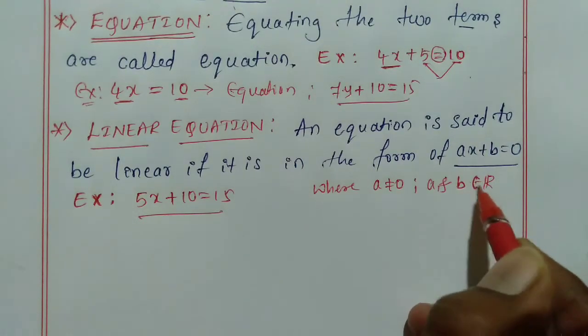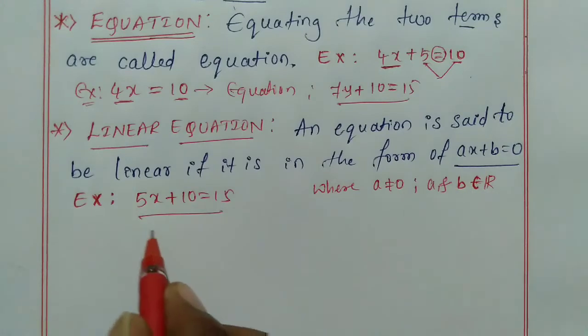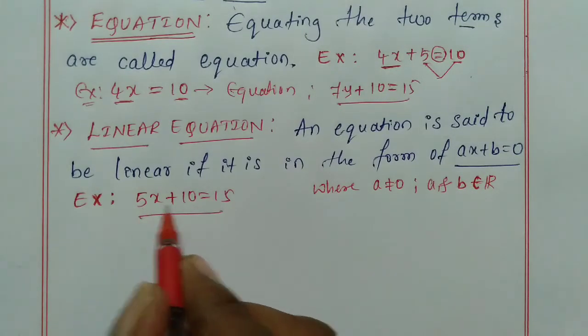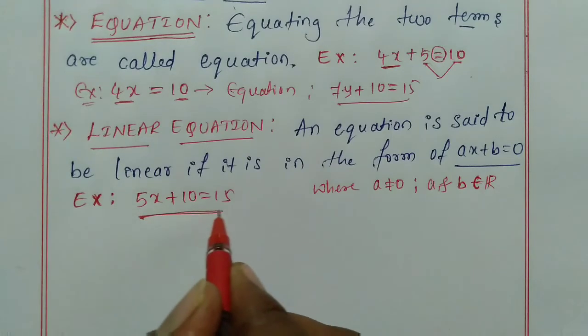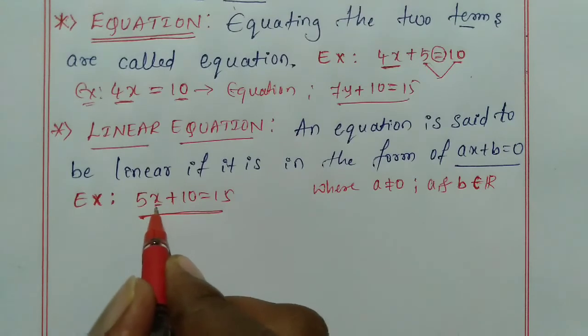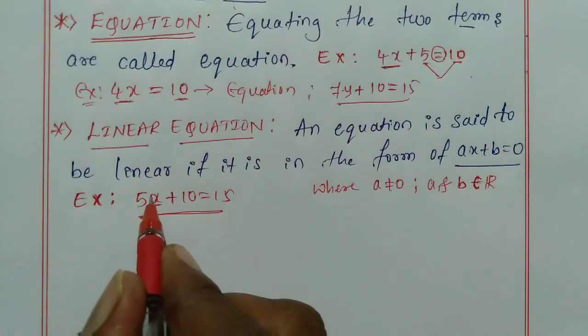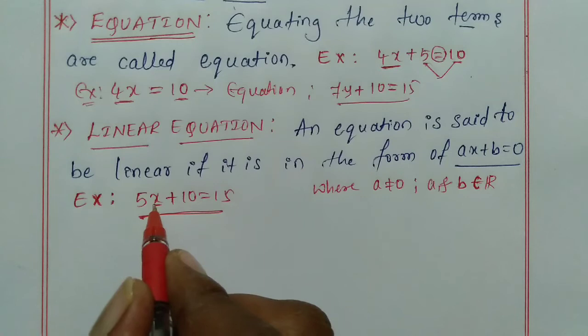An example is 5x plus 10 equal to 0. This is an example of a linear equation in one variable, because here x is the only variable.